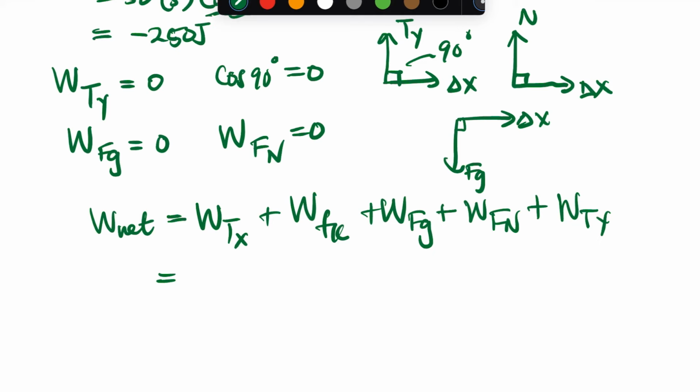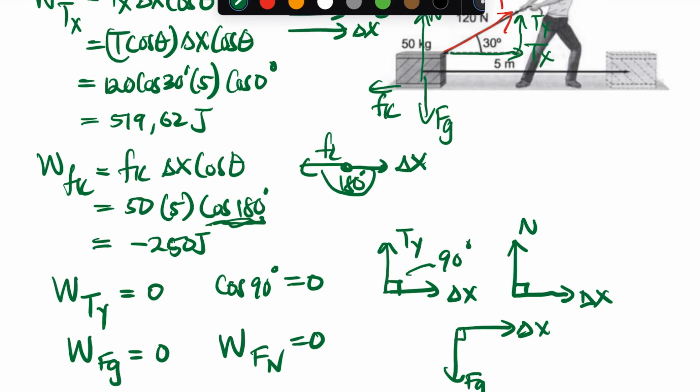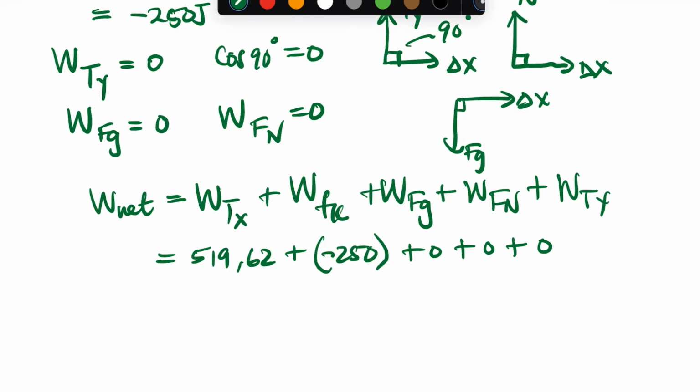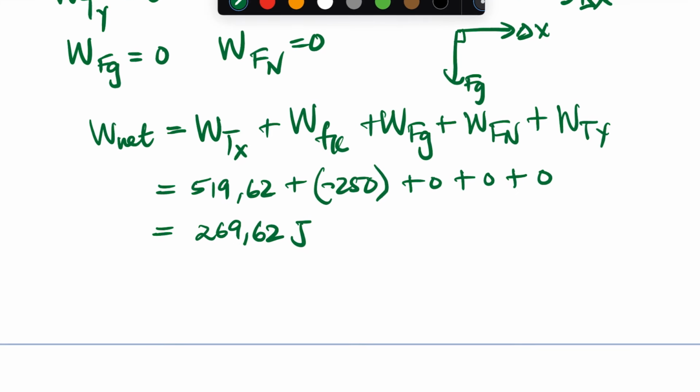The horizontal component gives 519.62, positive, plus the work done by friction, negative 250, plus 0 for gravity, 0 for the normal force, and 0 for the vertical component. When you punch that in the calculator, the net work is 269.62 joules.